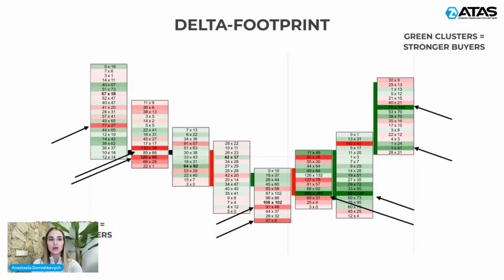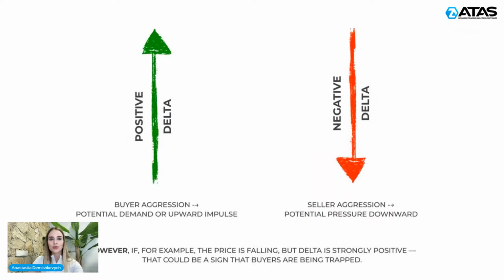What does it tell us? Well, it could mean that buyers have been trapped, for example, or that a large seller is sitting with a limit order, absorbing the buyer pressure, creating an illusion of buyer strength. These are exactly the kinds of moments we'll learn to recognize using cluster analysis and footprint charts. So hang on to find out more, okay?